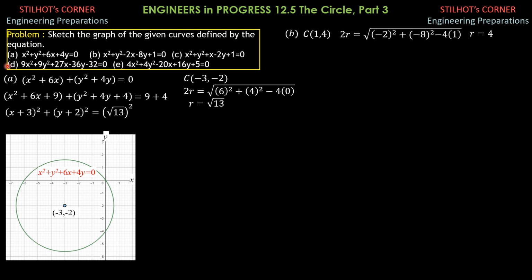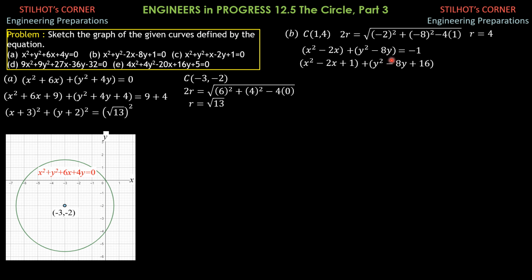Then for the traditional way, completing squares in x, we have x squared minus 2x, then plus quantity y squared minus 8y equals negative 1. Complete the square in x, x squared minus 2x plus 1, plus quantity y squared minus 8y plus 16.